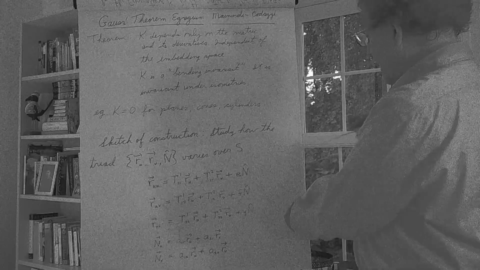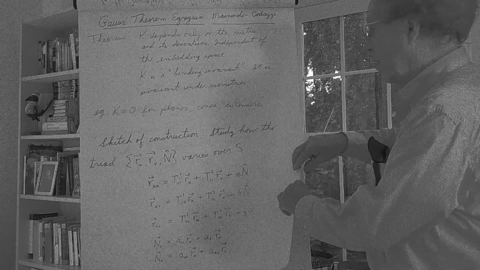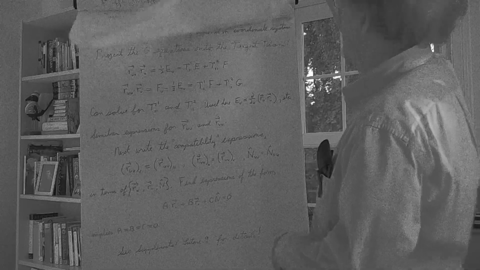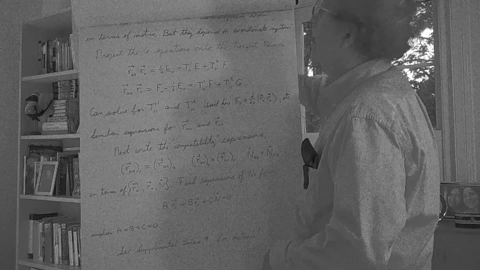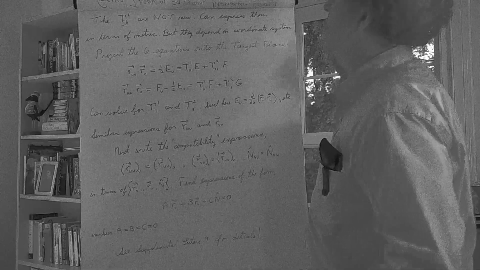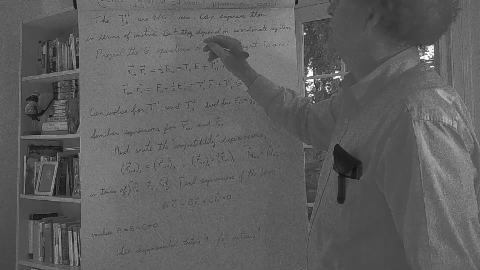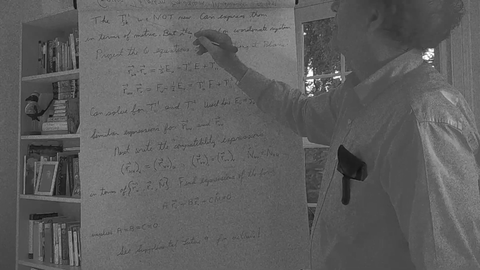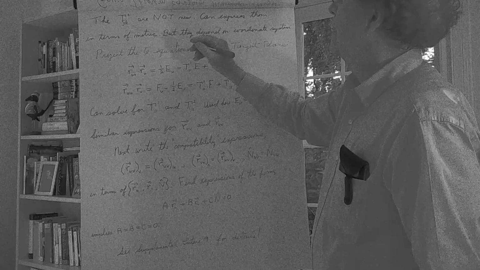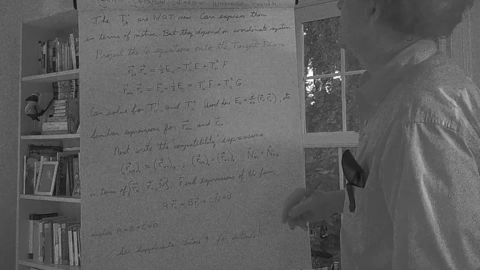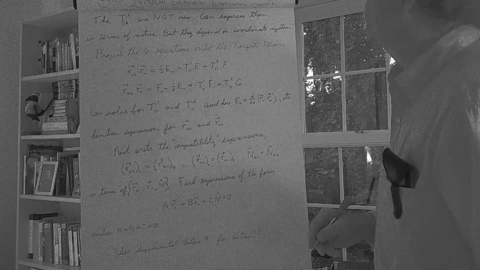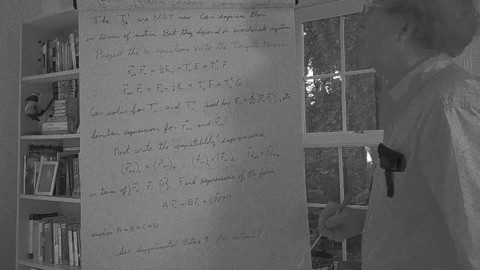So let's show that. I write the gammas, the Christoffel symbols, with upper index I which can be 1 or 2, lower indices J and K which can be 1 or 2. They're not new. We can express them in terms of the metric.